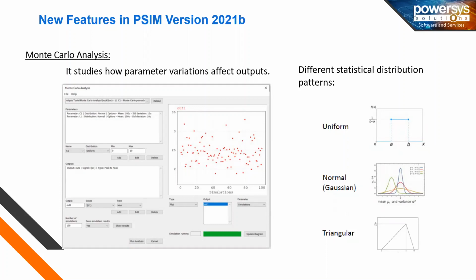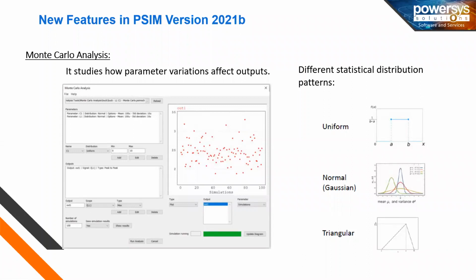The parameter values are given a range of values according to a distribution function, and multiple simulations are executed. It will be done randomly. Basically it will study how parameter variation affects the output with different laws. We have integrated a lot of laws: uniform, normal, so this is a Gaussian, as you know, triangular, and so on. So we have added those statistical distribution laws.